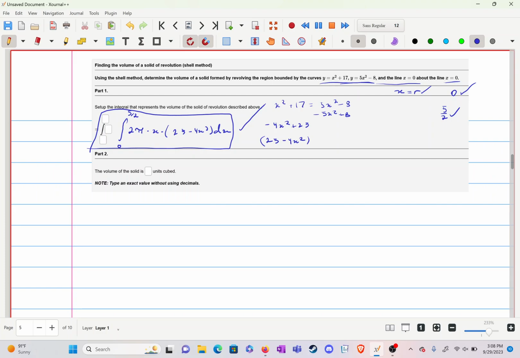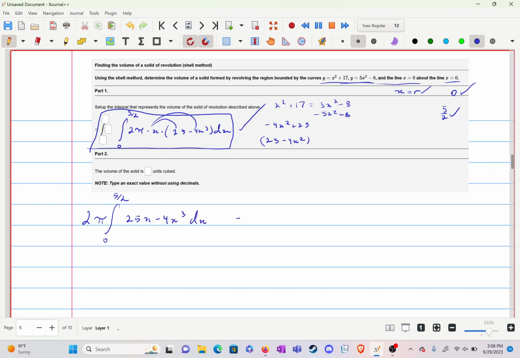This time we don't have too bad of a foiling method or too bad of an integral, but the bound is 5 over 2, and that's going to be a little bit of a pain, but let's start doing it. Let's take that 2 pi out in front. Integral from 0 to 5 over 2. FOIL this x. It's going to be 25x minus 4x cubed dx.